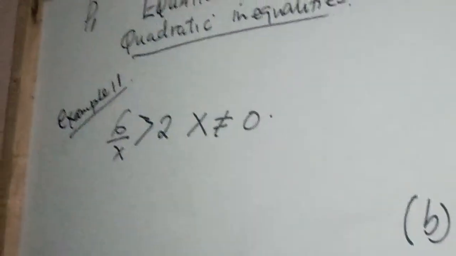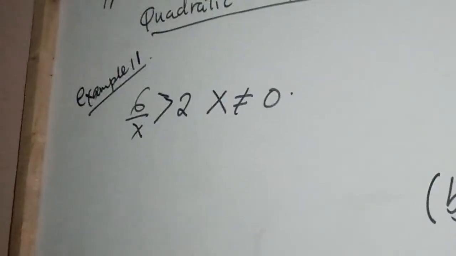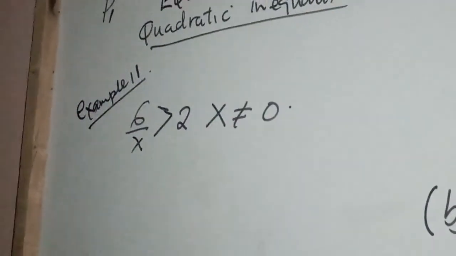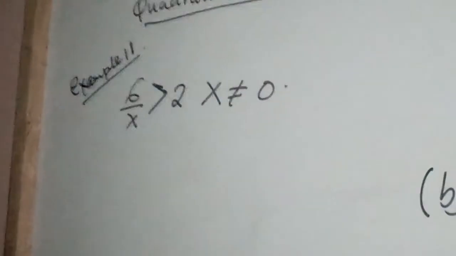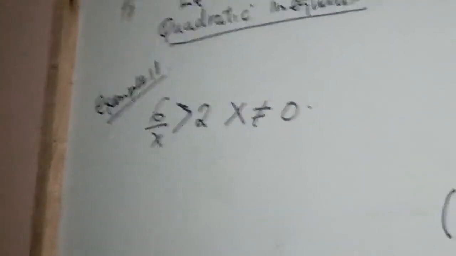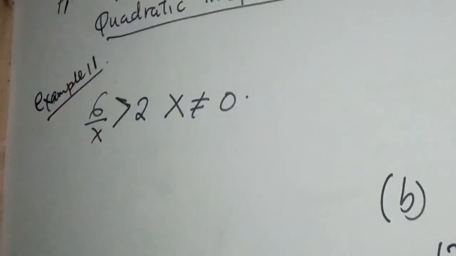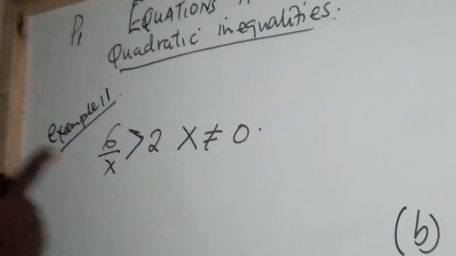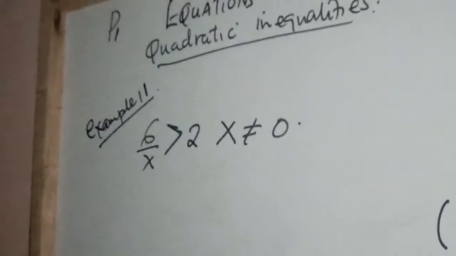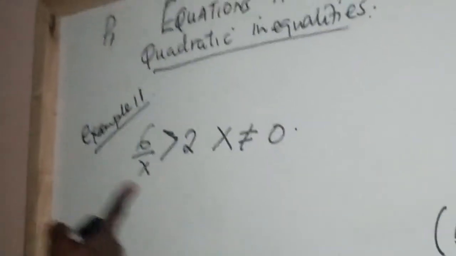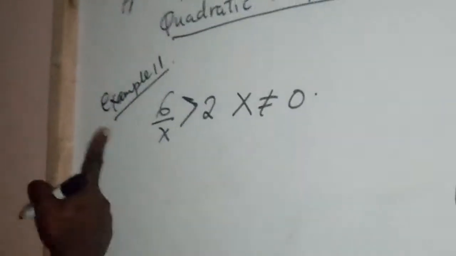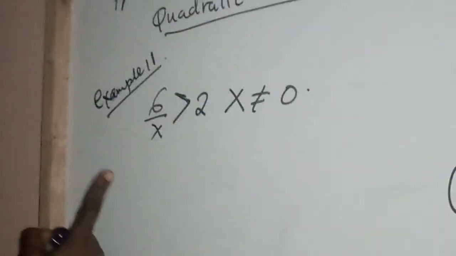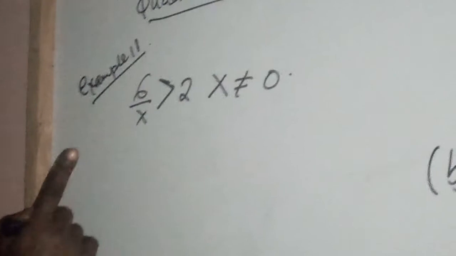with this kind of inequality, we have to be very careful, because we know from some previous videos that anytime we multiply or divide an inequality by a negative number, the inequality automatically reverses. And because we don't exactly know the nature of x, it could be negative, it could be positive, we are not going to multiply by x on both sides.